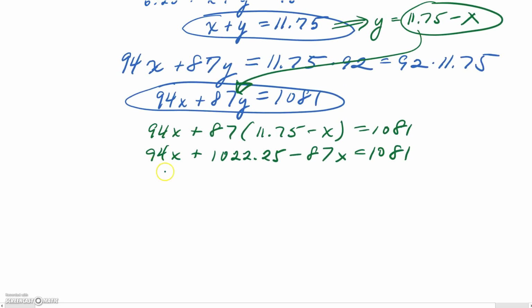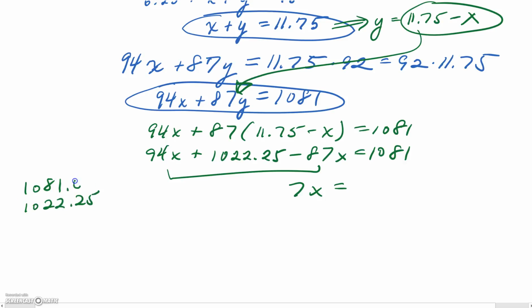And then we can combine things. The 94x minus 87x is 7x, and then 1081 minus 1022.25, well, that's going to give us a 75 on the end. 11 minus 2 is 9, 7 minus 2 is 5, so that's 59.75.